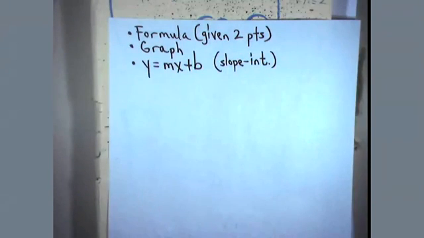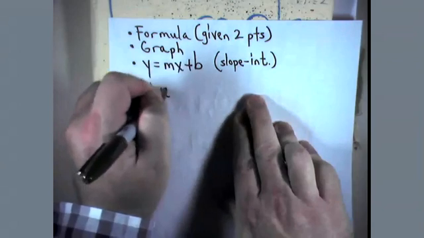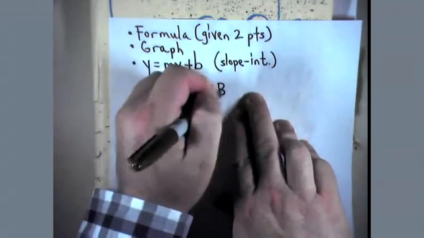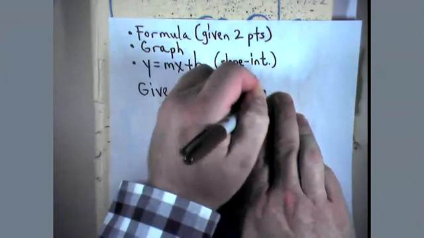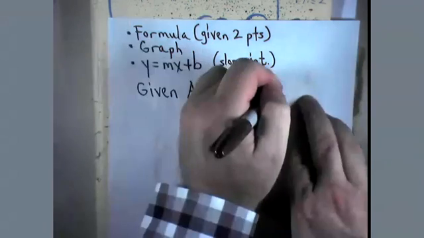There is a fourth way that you can find the slope. If your line is in standard form, in other words, x and y are on the same side, and your constant is on the other side, it could be positive or negative, then here's a shortcut way to find the slope.